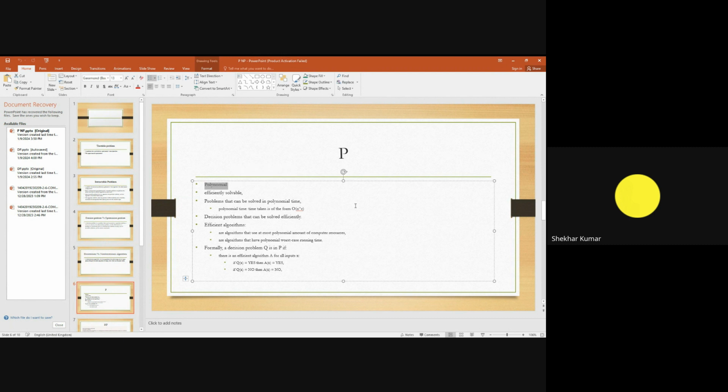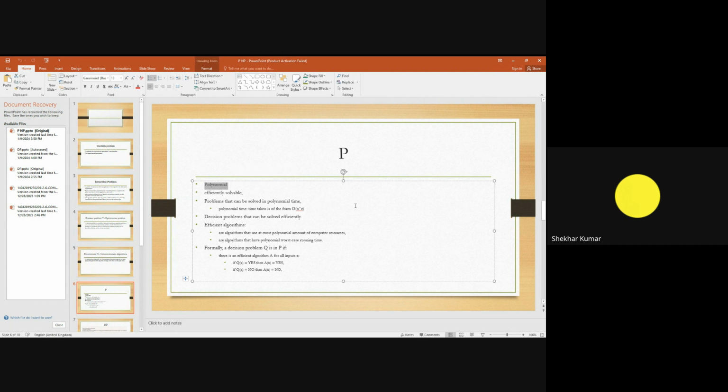Tractable means, as we discussed earlier, that the problems can be solved in theory as well as in practice, in deterministic time. Otherwise, they are intractable.